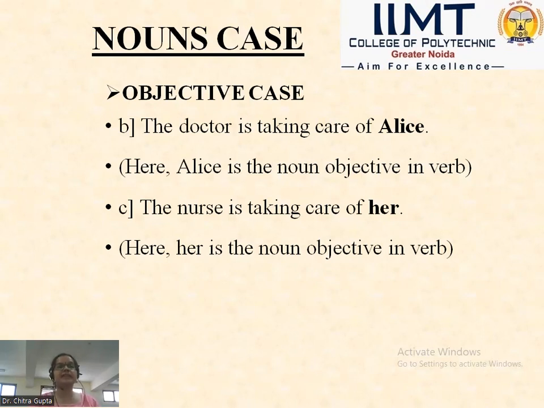The third example is the nurse is taking care of her. Here also, her is at the place of the object of the verb taking. That's why her is the noun in the objective case of the verb. So this is all the difference between the subjective case and the objective case.